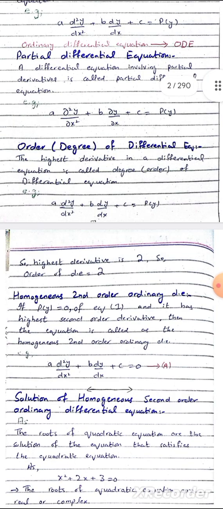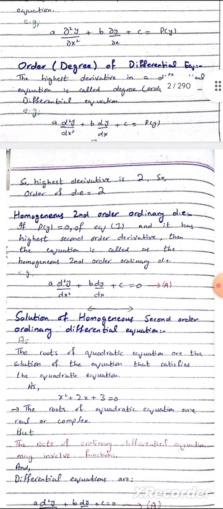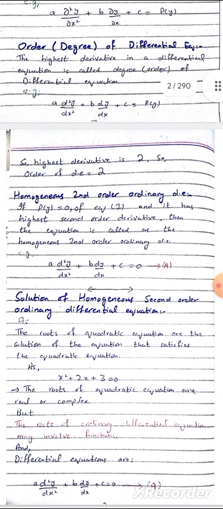But the degree of the differential equation is the power of the highest derivative. The power of the highest derivative of this equation is 1, so the degree of this differential equation is 1.